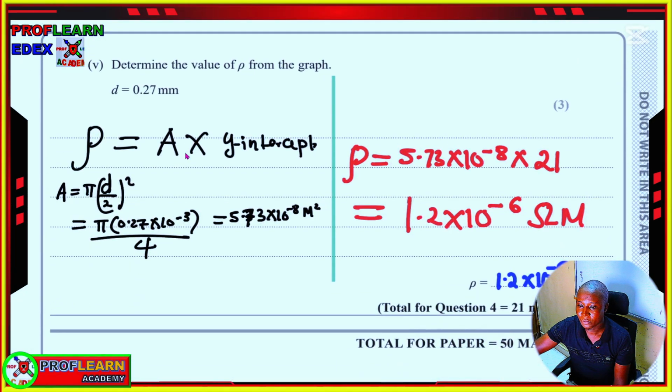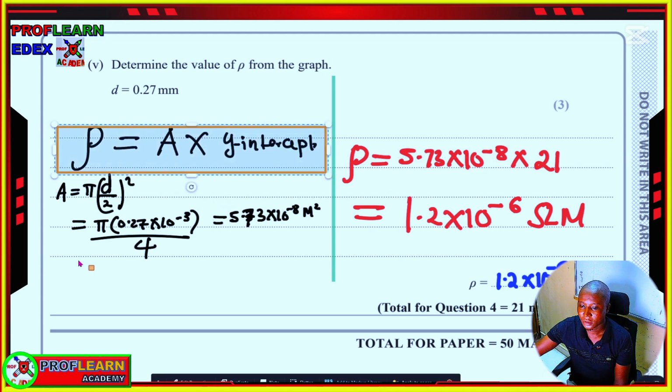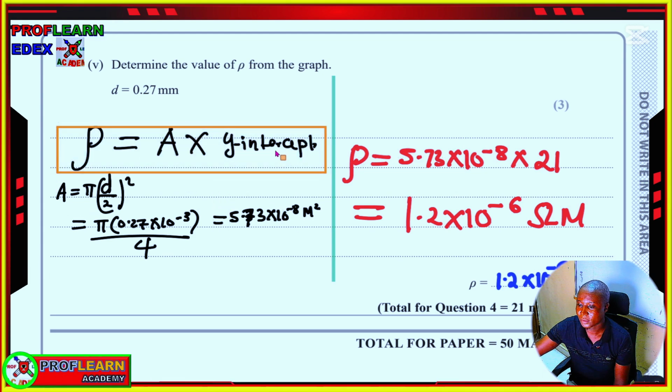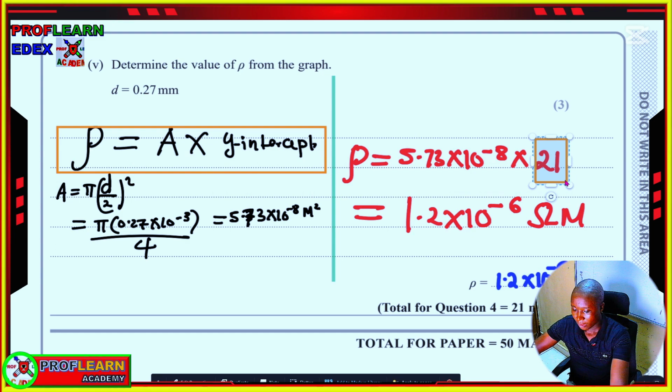Determine the value of rho. Of course, we mentioned in the previous section that it is the cross-section area times the y-intercept, and the y-intercept we have seen is 21 from this part.